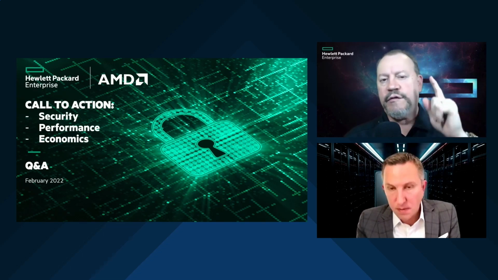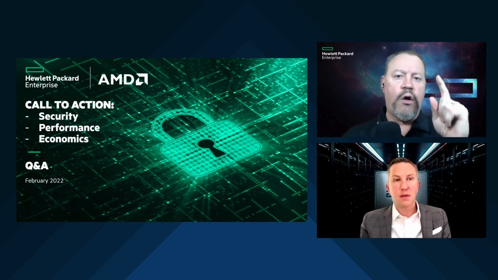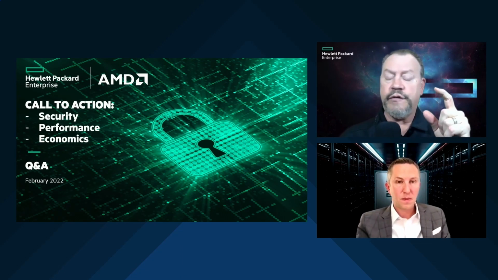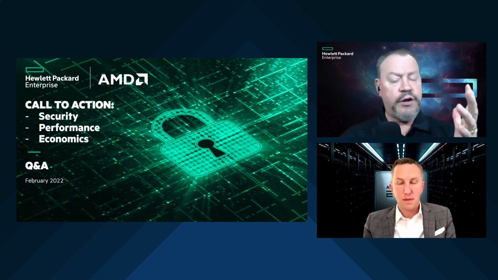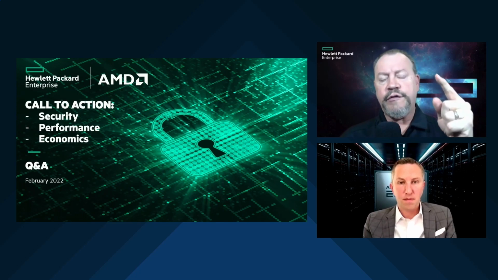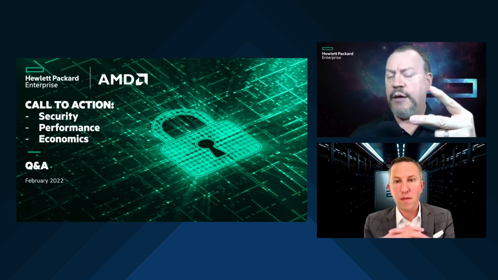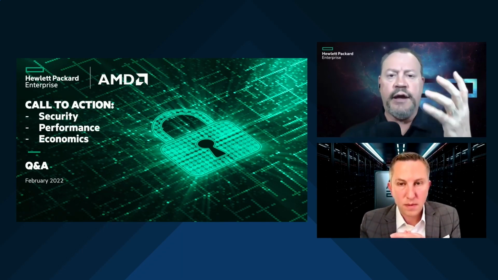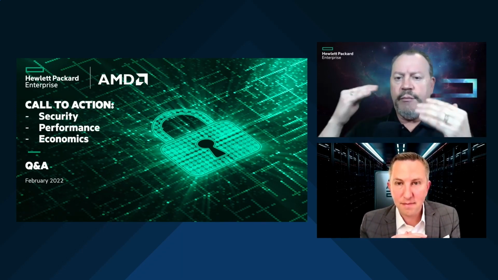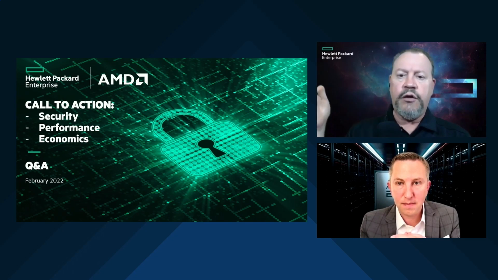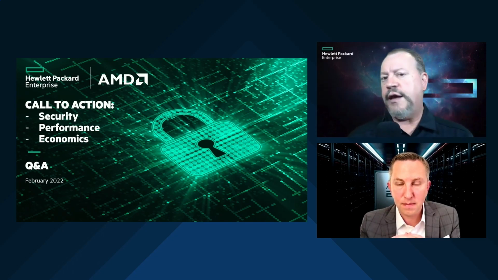But security is top of mind. It's number one for all CEOs and all CIOs and certainly all CISOs, right? Because security is everything for them. Performance then, to be able to keep up with the competition, stay ahead of the competition, right? And bring better insights to the business to make you more competitive and more profitable. And then that drives the economics.